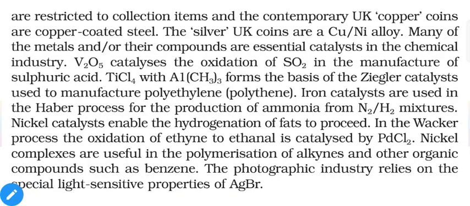Nickel catalysts enable the hydrogenation of fats to proceed. In the Wacker process, the oxidation of ethylene to ethanal is catalyzed by PdCl2. Nickel complexes are useful in the polymerization of alkynes and other organic compounds such as benzene. The photographic industry relies on the special light-sensitive properties of AgBr.